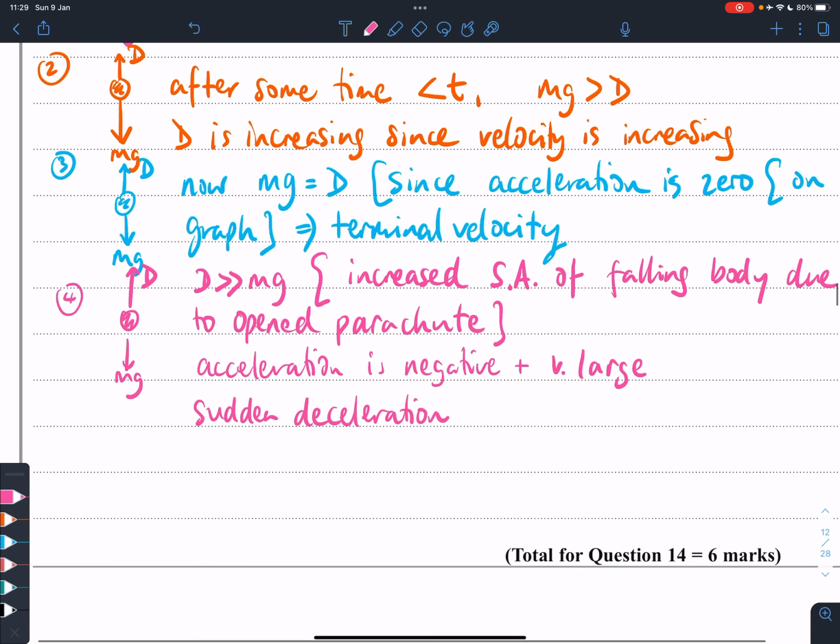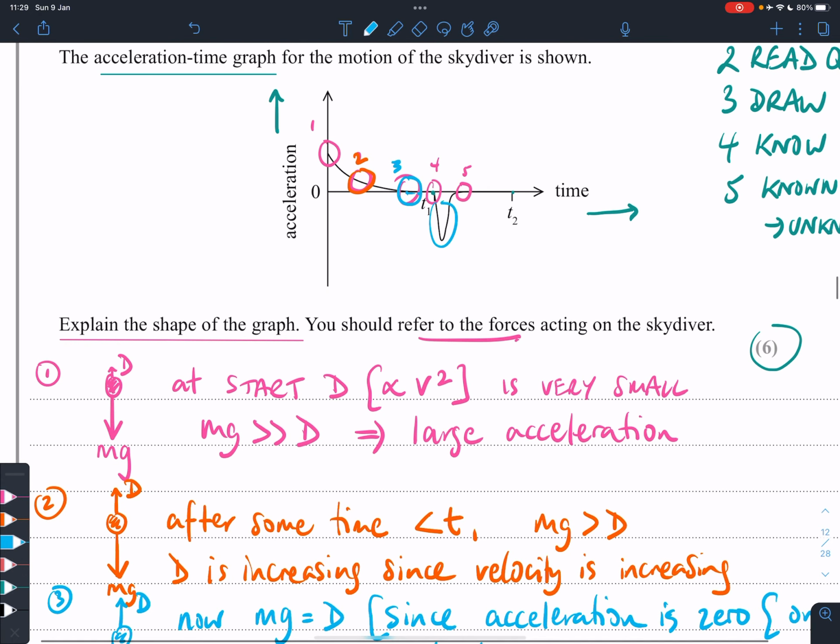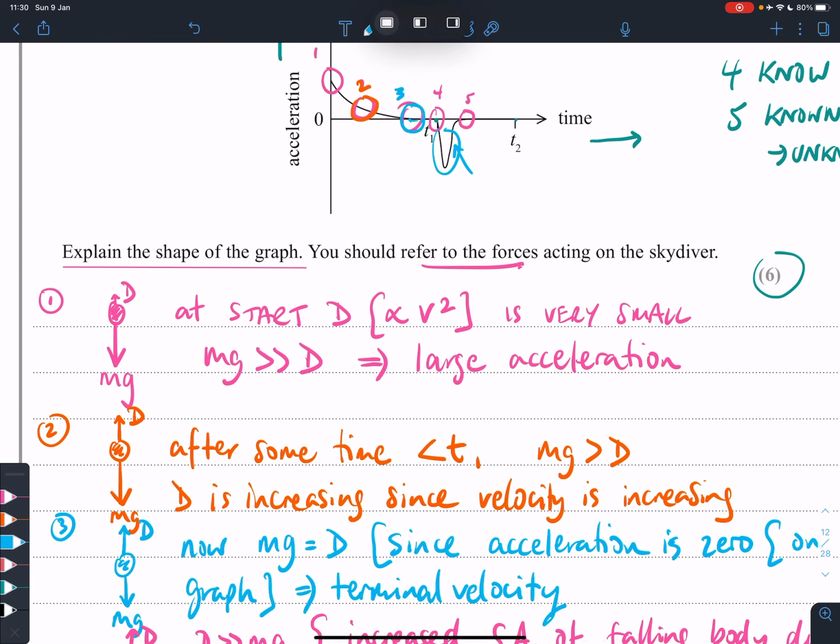And then part 5, which I'm going to change colour to, go back to blue, I think. Sudden deceleration here. And then I think actually I'm probably going to put an extra region in. I'm going to change my mind on this. I'm going to rub out that one, and I'm going to put a 5 in here.